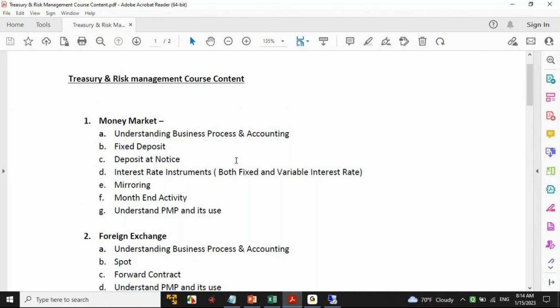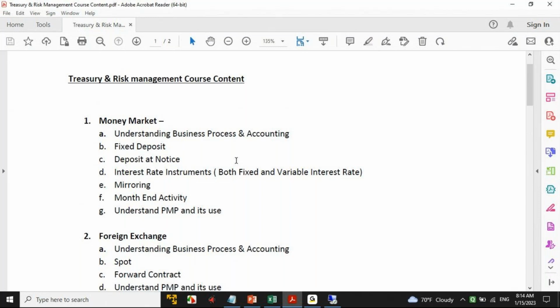Take your money market instrument like fixed term deposit. When you talk about the fixed term deposit, the term is fixed. Let's say I want to do the investment for 3 months, or for 4 months.